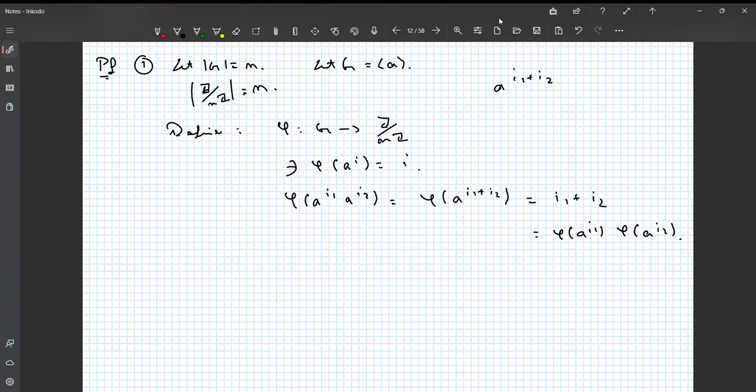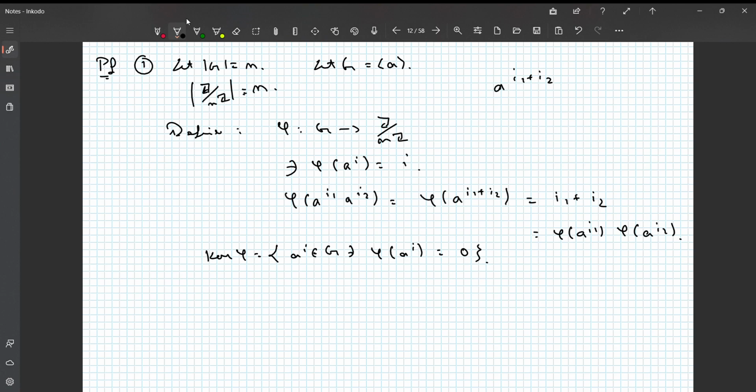Now what can we say about one-oneness? What is the kernel of phi? The kernel of phi is the set of all those elements a to the power i in G such that phi of a to the power i is equal to 0, right?